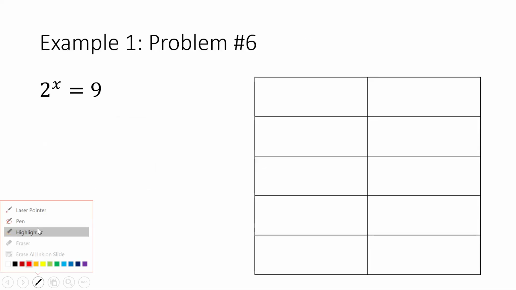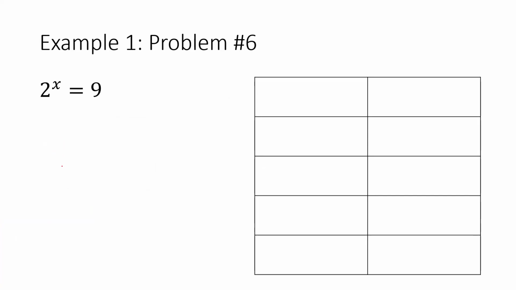So do y'all remember this problem? Number 6 on your assignment, the bonus. This was the challenge. How could you figure this out? And what is this saying? So we're going to write 2 raised to an unknown power equals 9.